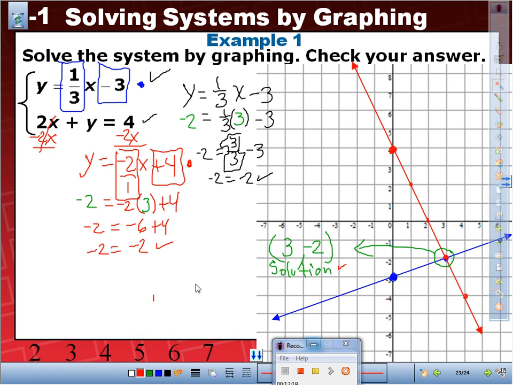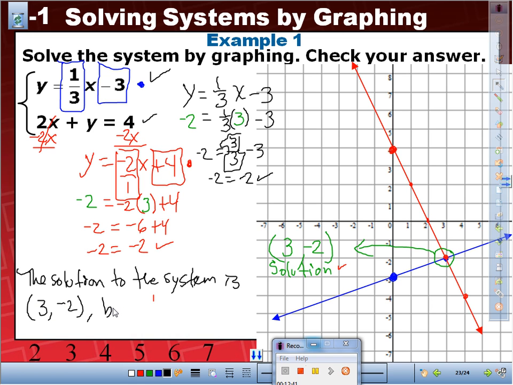So at the end, I just need you guys to write a statement. My statement. Here we go. The solution to the system is parentheses 3, negative 2, comma, because. Okay, don't say it out loud.